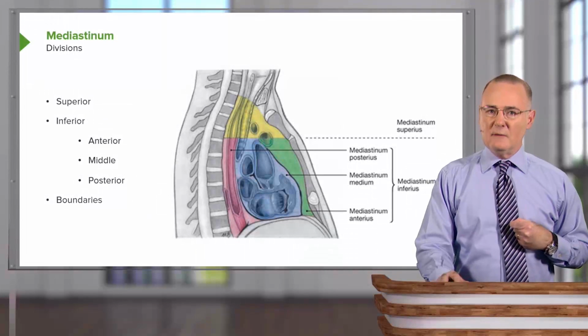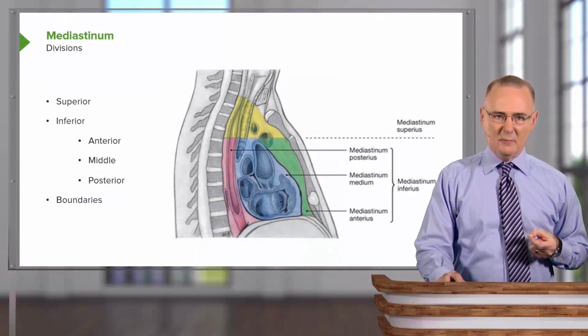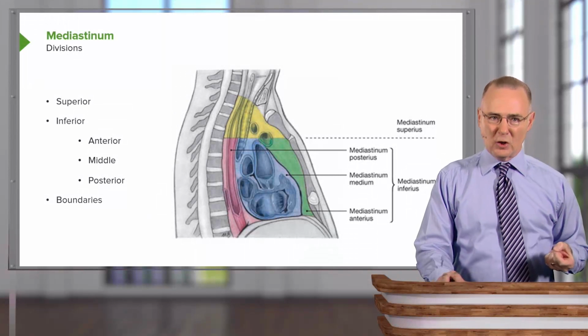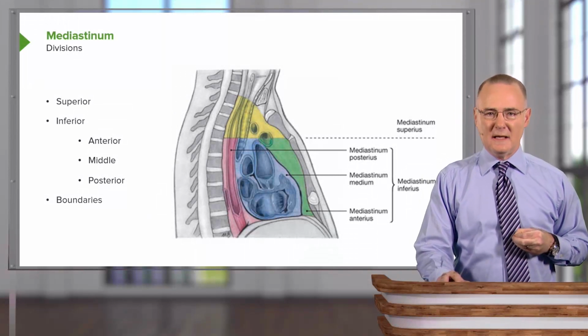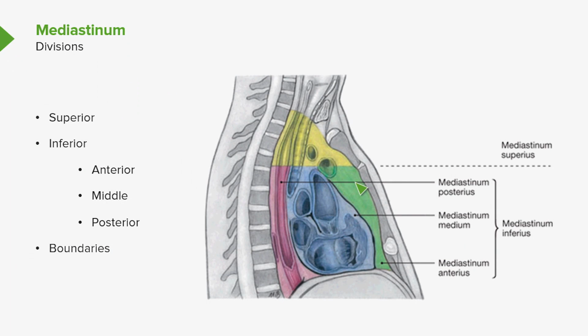Now again, we can subdivide the inferior mediastinum into an anterior mediastinum, middle mediastinum, and a posterior mediastinum. The anterior mediastinum is shown here in green, and it is an area that is between the sternum anteriorly and the pericardium posteriorly. The posterior mediastinum is shaded here, and I'm actually going to go over here to the bronchi that are shown here and throw them into this pink shaded area.